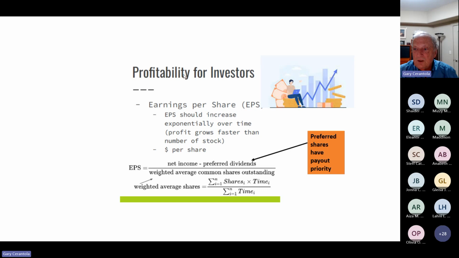Okay, so how do you measure profitability for the investor? Because the investor, somebody's going to buy shares from you, so they want to know how well they're doing. So what you do is you start measuring earnings per share. Okay, let me just stop right there. There are two kinds of investors in the stock market.